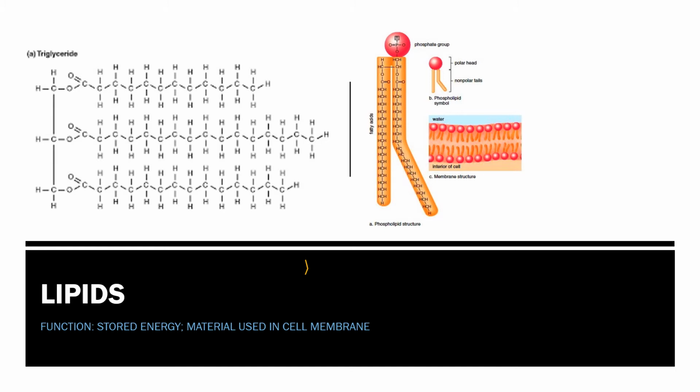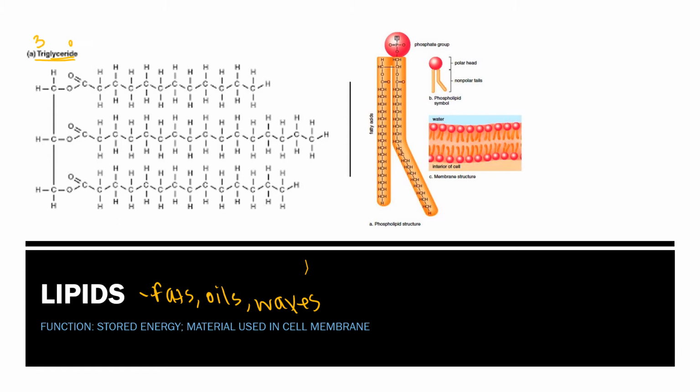Lipids are things like fats, oils, and waxes. Okay? Their function is our stored energy. So this is also the material that's used in all of our cell membranes. Okay? This is what they look like. This is called a triglyceride. Tri means 3.